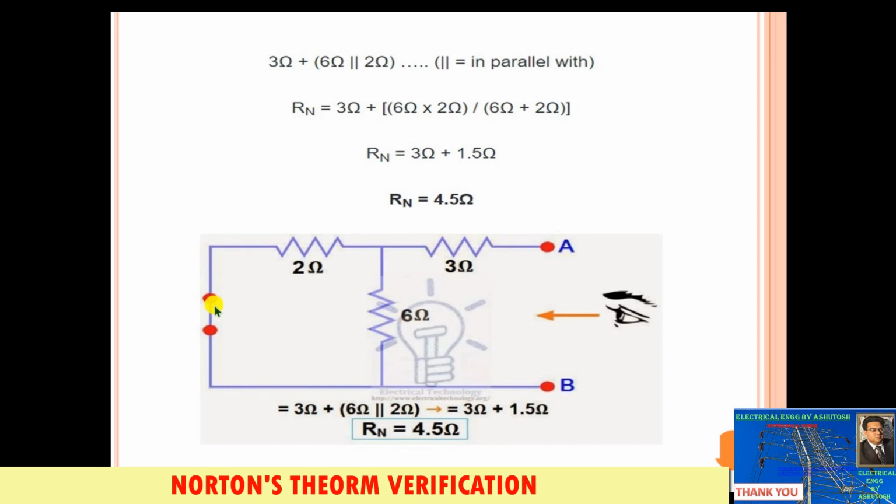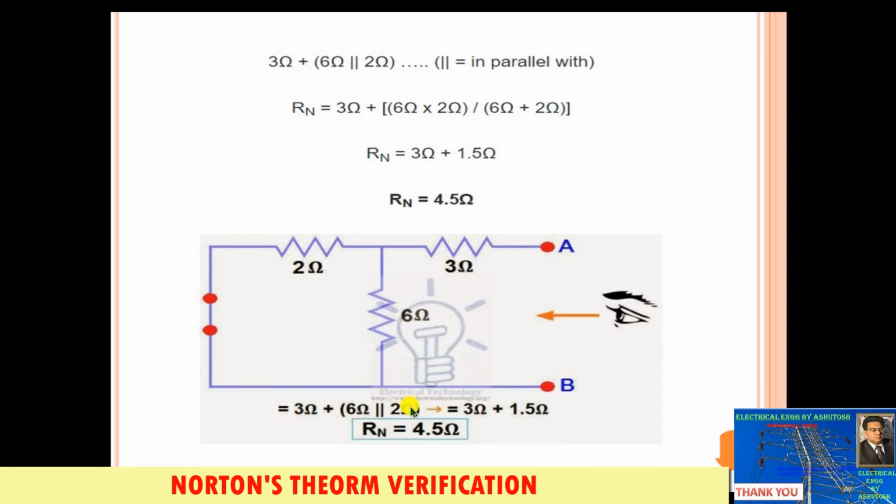We have to remove the voltage source and place a short circuit in this branch, and also remove the load resistance, and then the reduction of resistance will start from the left side end. So here basically 6 and 2 are in parallel, then in series with this resistance 3 ohm.